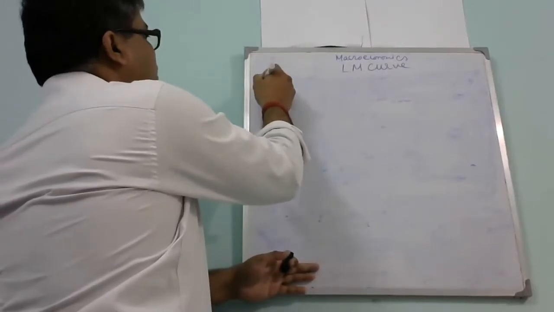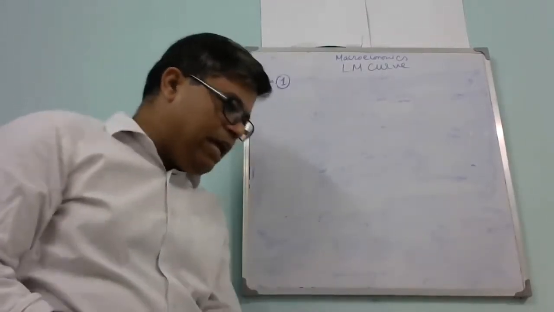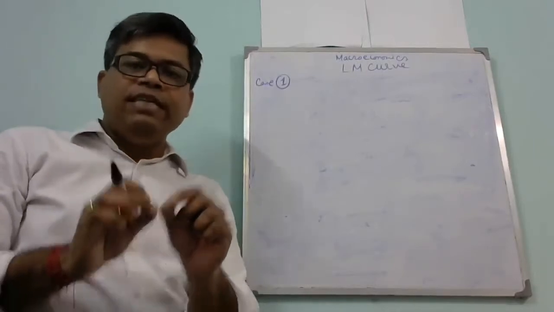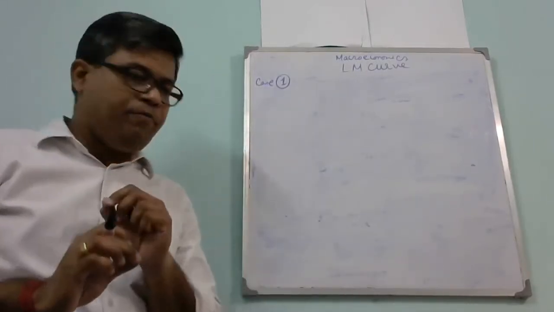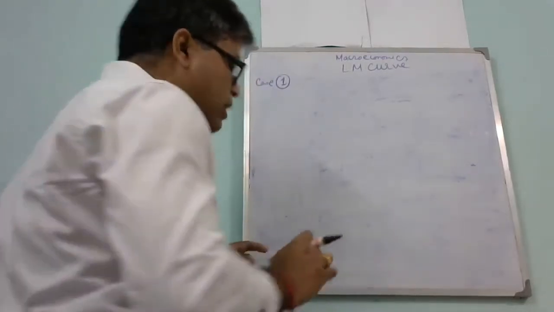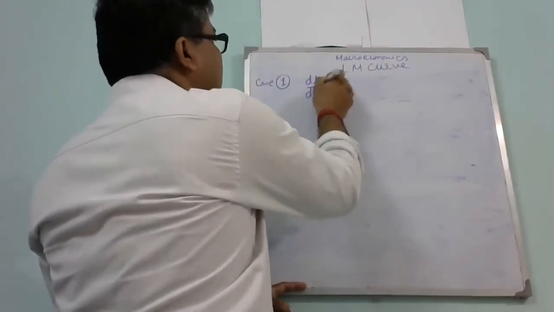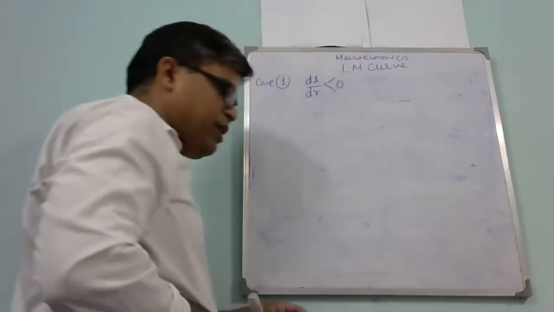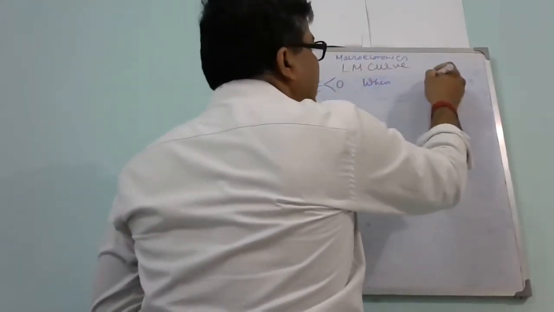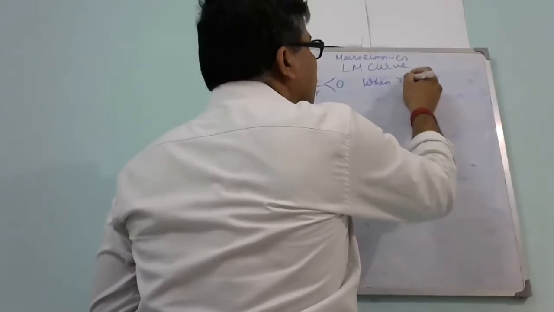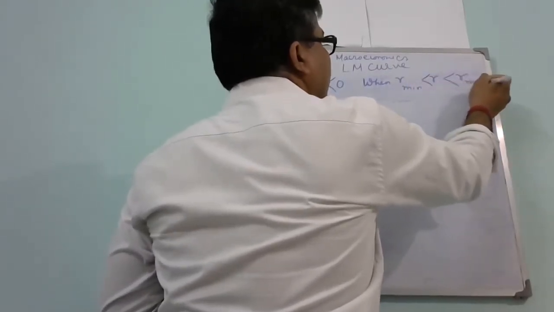Situation 1, or case 1: if the rate of interest is lying between minimum and maximum, then what will happen? dL/dr is less than 0, when the rate of interest is more than minimum but less than maximum.